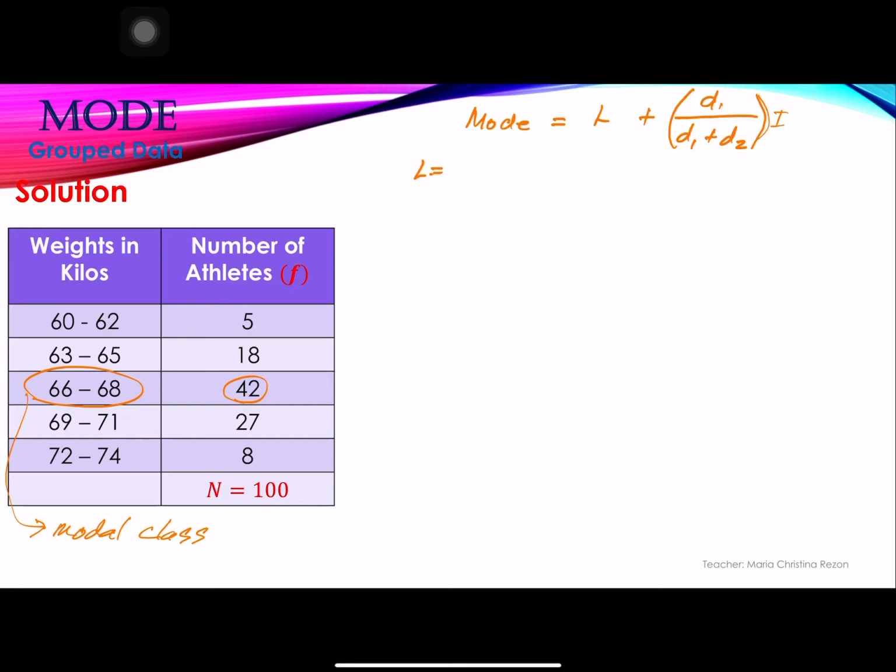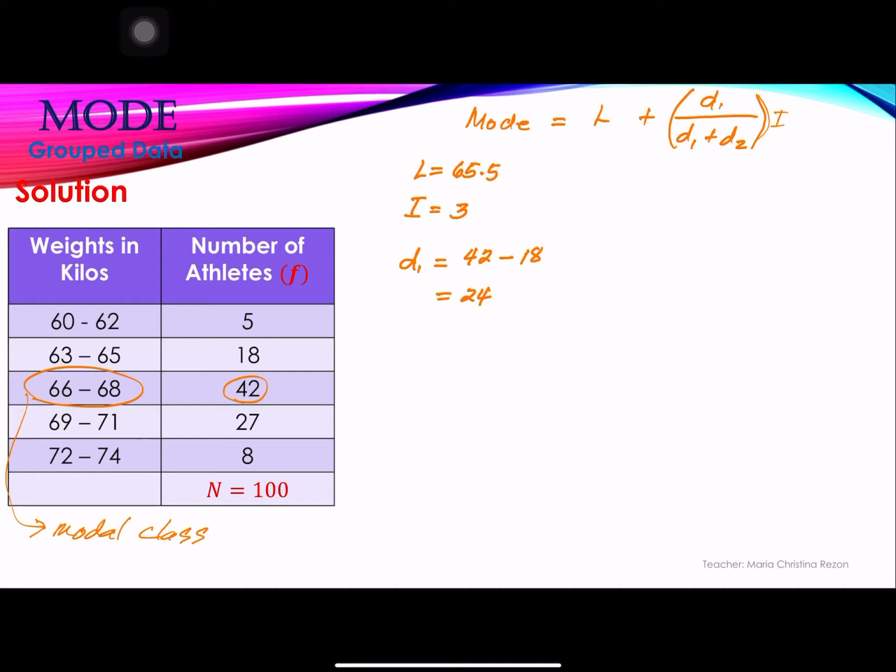The lower limit is 66, therefore the true lower limit is 65.5. And of course your I is equal to 3. Your D sub 1 is equal to the frequency of the modal class, which is 42, minus the frequency of the class preceding the modal class, which is 18, which is equal to 24.